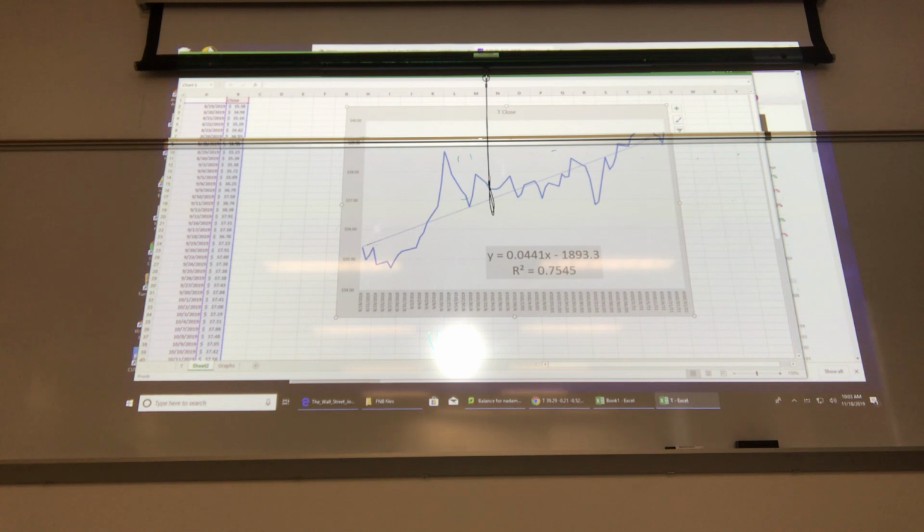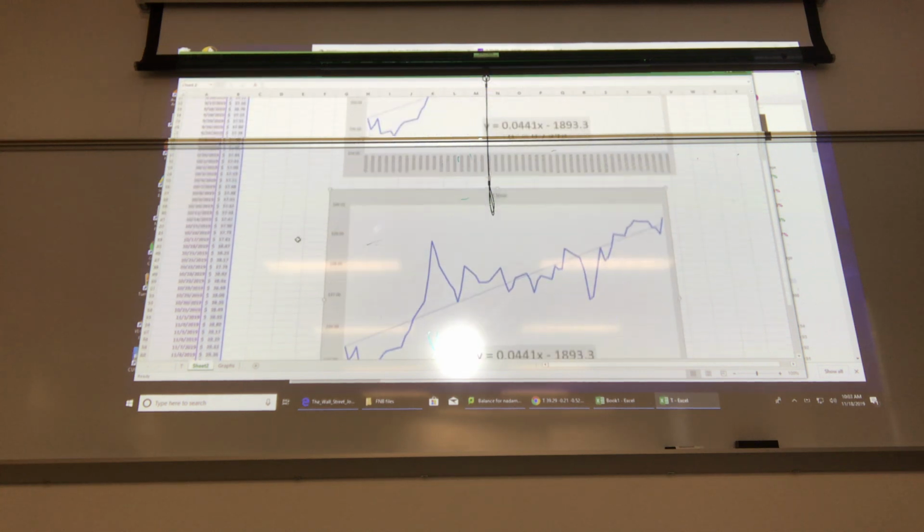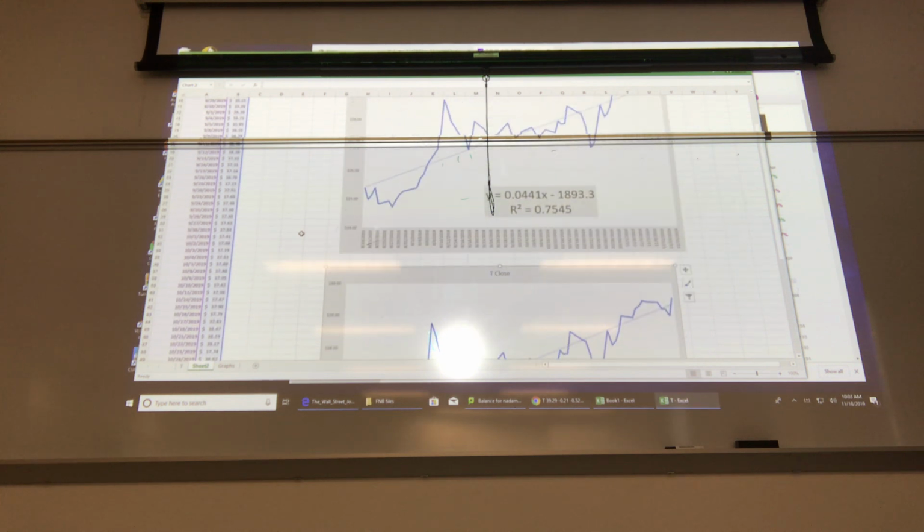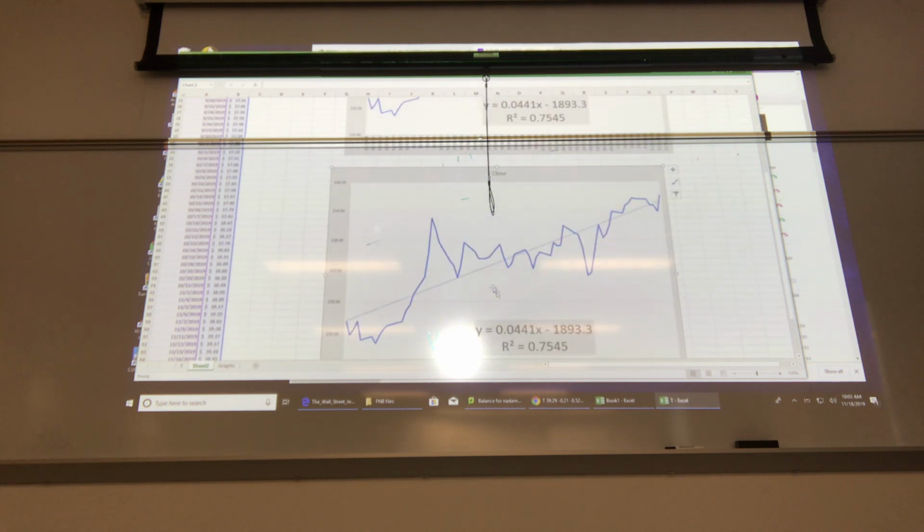Or do I copy it, go further down, and paste it. And if I paste it, I have another graph. It's the same graph. But now I want my trend line to be different. I want to do a moving average.